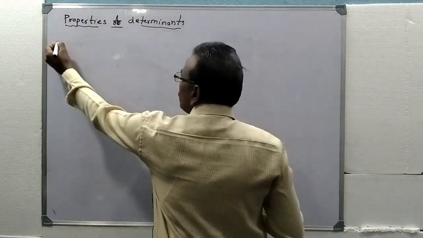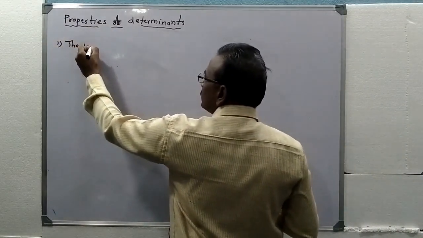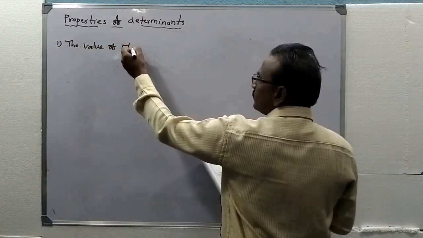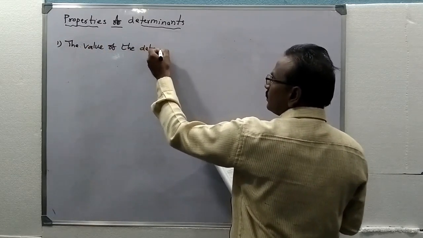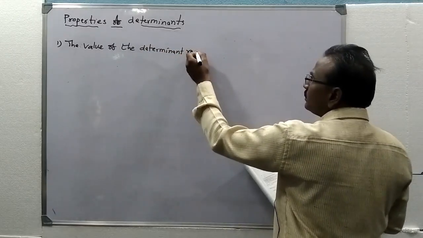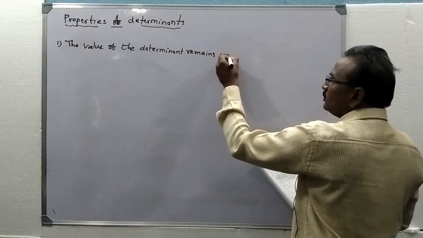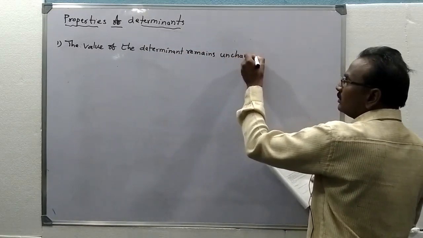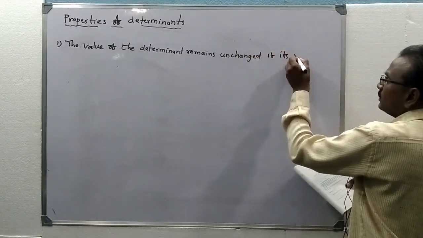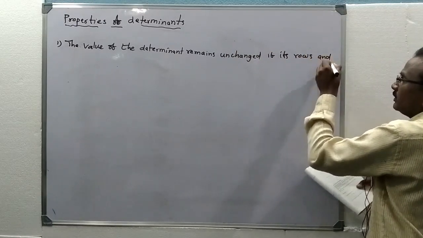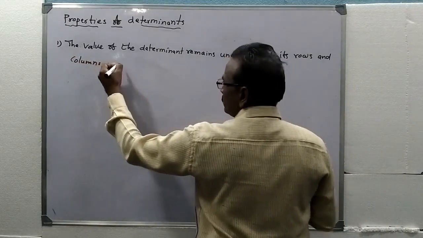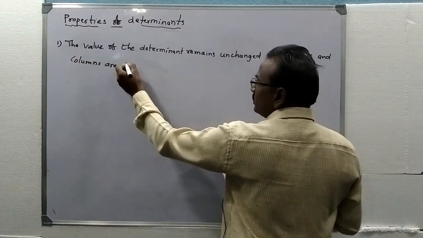Property 1: the value of the determinant remains unchanged if its rows and columns are interchanged.